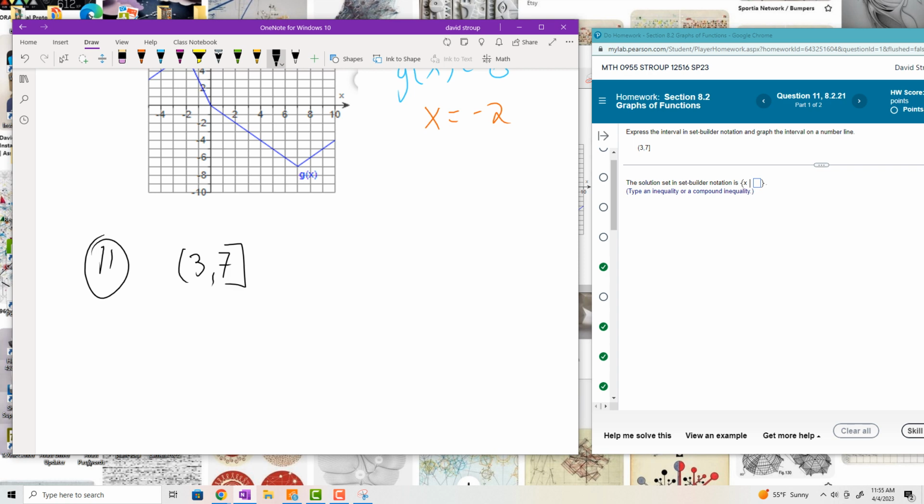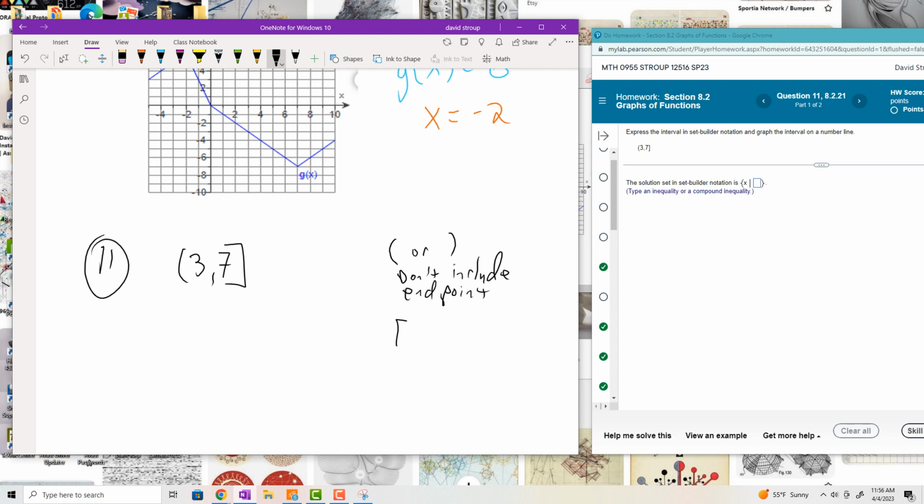So what this represents is all the numbers in between 3 and 7, but you don't include 3, you do include 7. So if you have this parenthesis like this or like this, it means don't include that number on the end in your set of numbers. Okay, so you basically have a bucket of numbers. Anything in between 3 and 7, you can't include 3, so 3 isn't in the bucket. But you can include 7, so 7 is in the bucket.